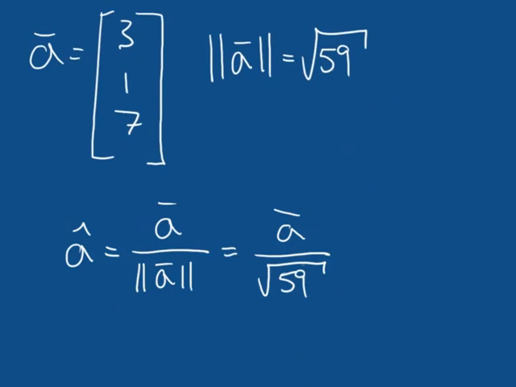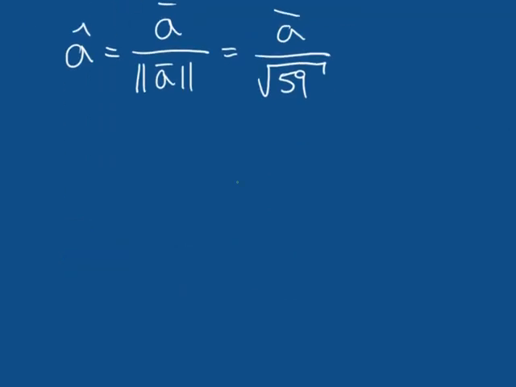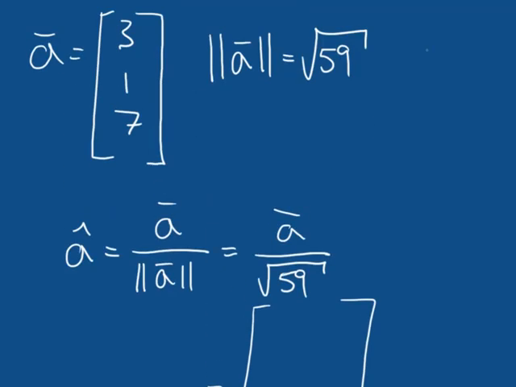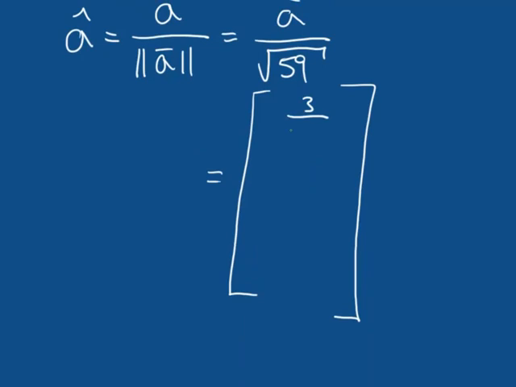We know what this means is we need to take each component of A and divide each component of A by the square root of 59. So it's going to be equal to the vector whose first component is the first component of A, 3, divided by the length, the square root of 59. So this is 3 over the square root of 59.